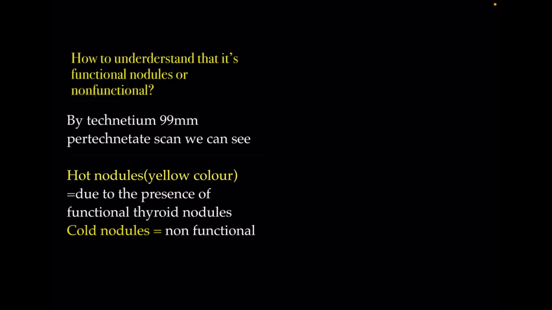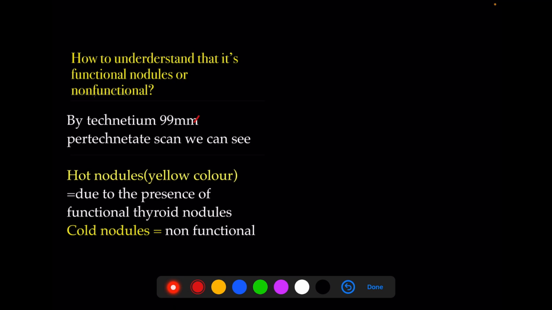We are discussing an interesting topic: how to understand whether nodules are functional or non-functional. By using technetium 99m, please cut this M, it's an additional one. It's called the technetium 99m pertechnetate scan. We can see hot nodules and cold nodules.